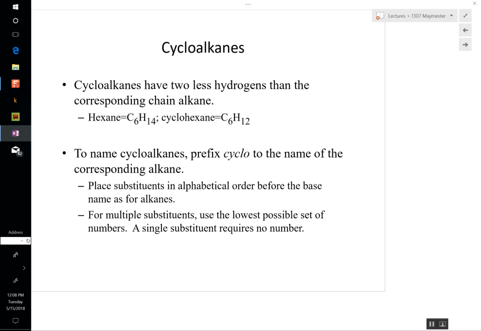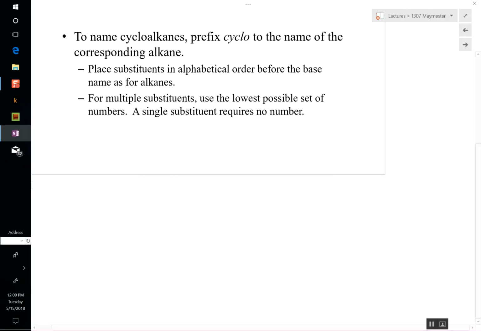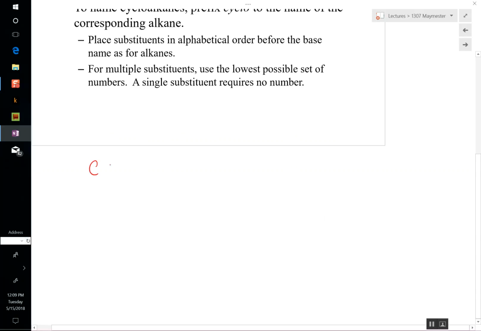I can't call this hexane, because hexane is a straight chain. This is cyclohexane. Cyclized. Got 6 carbons in a ring. Cyclohexane.